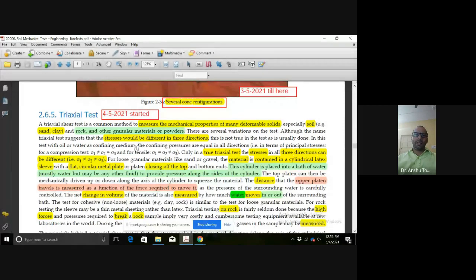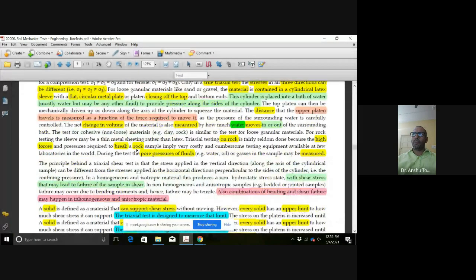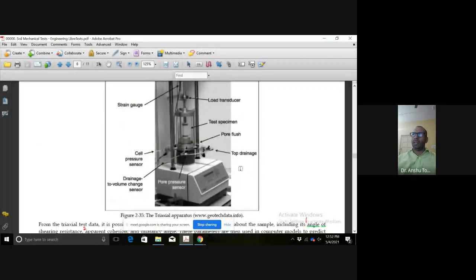Actually, we perform the triaxial test as you can see. Initially, I would like to tell you that this is a machine where we try to capture the response or behavior of the soil sample. It can be a cohesive soil sample or a non-cohesive sample, that is a granular material.